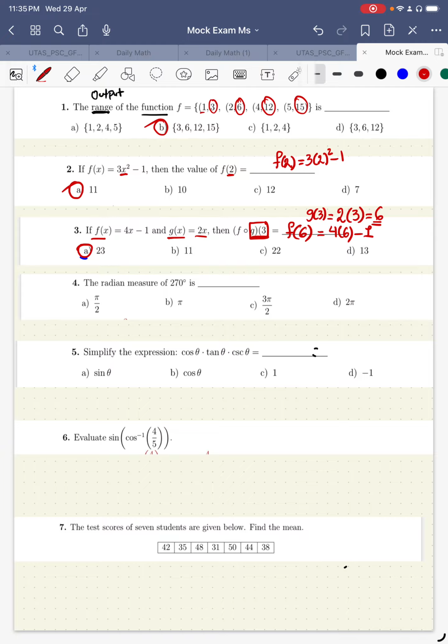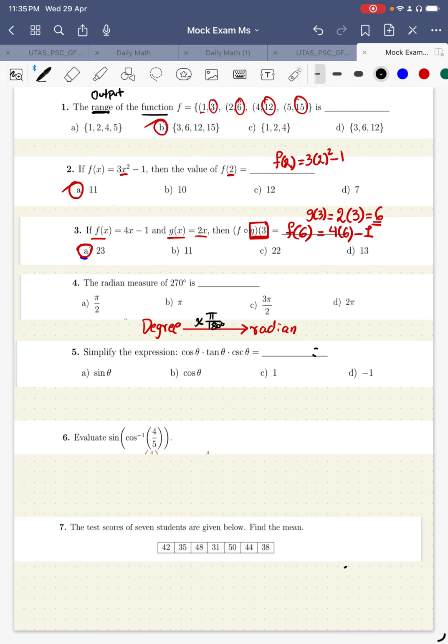So now let's go to question number 4. The radian measure of 270 degrees is... Remember, now I have the angle given in degrees, and I need to change the angle from degrees to radians. To change degrees to radians, what I'm going to do is multiply by pi over 180 degrees.